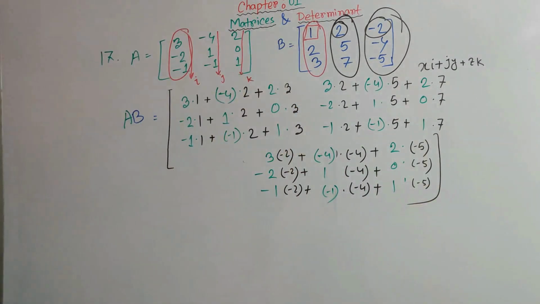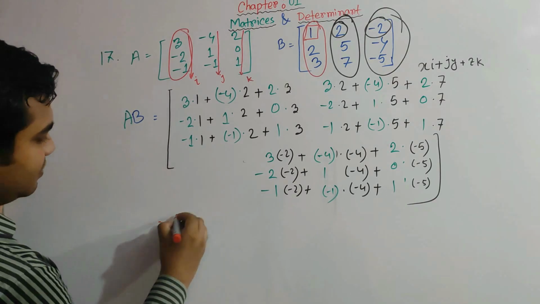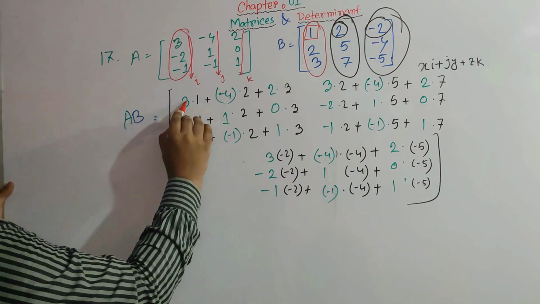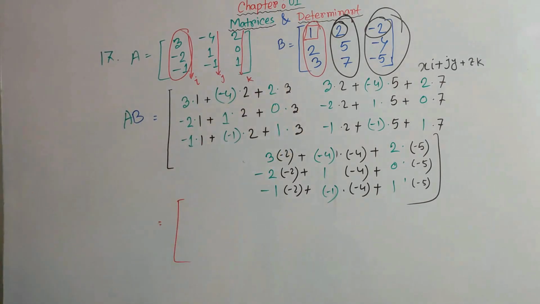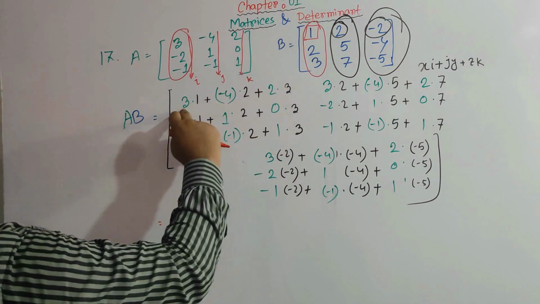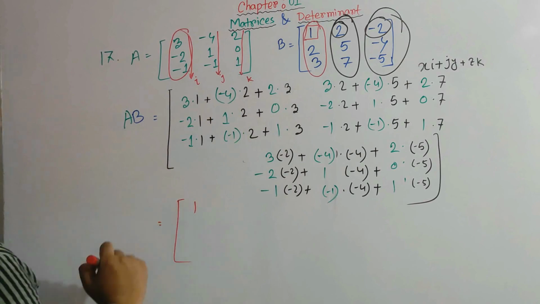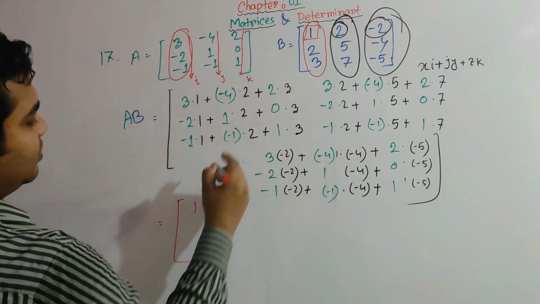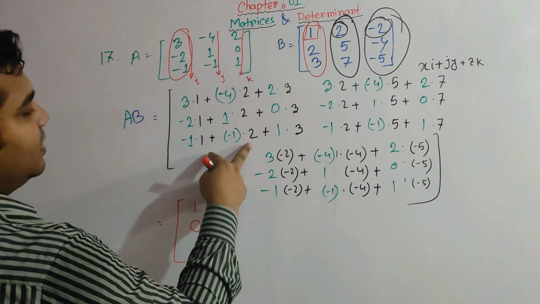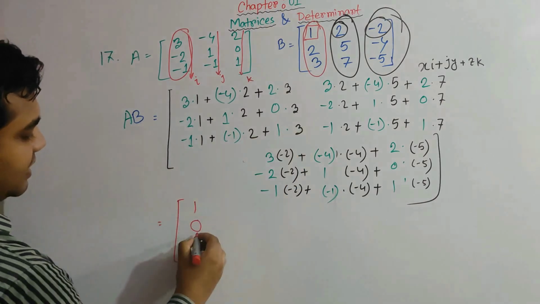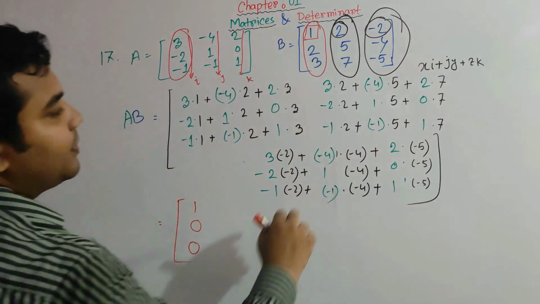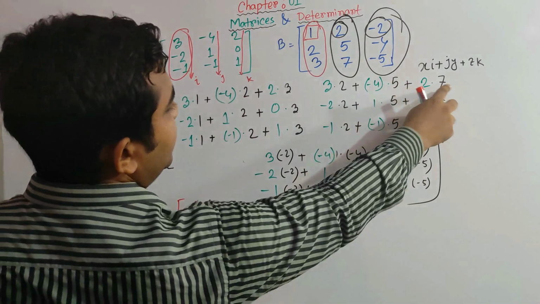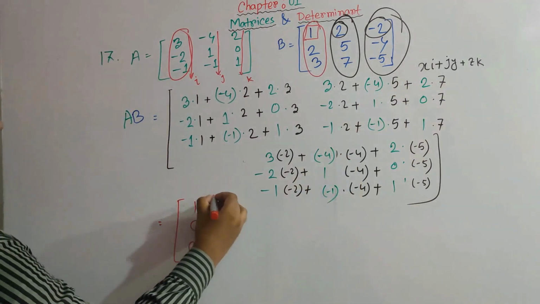Just calculate it and get the answer. If we calculate it, we'll get 3 minus 4 plus 6, so 6 and 3 is 9, 9 minus 8 is 1. Minus 2 and 2 is 0. Minus 1 minus 2, 3 plus 3, that is also 0. 6 minus 20, 0.